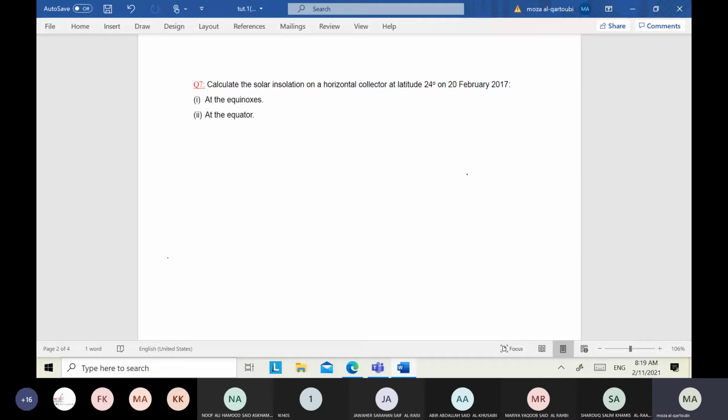Calculate the solar insolation. What does solar insolation mean? Insolation means the power density of solar radiation. So we'll find the power density of solar radiation. The unit of power density should be in which unit?